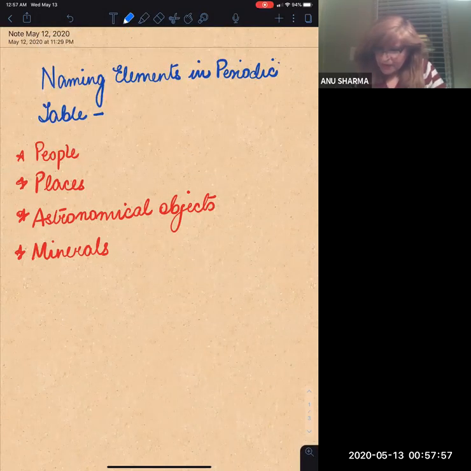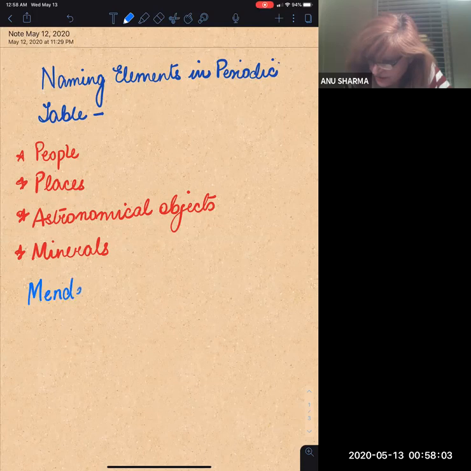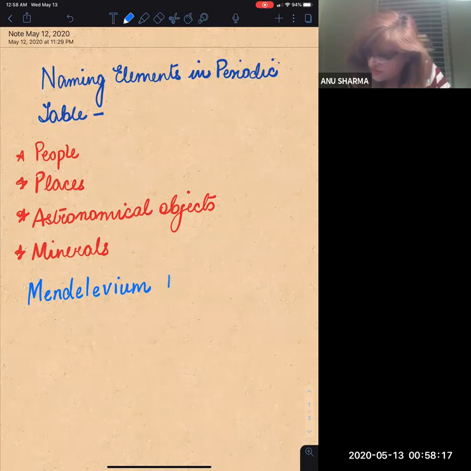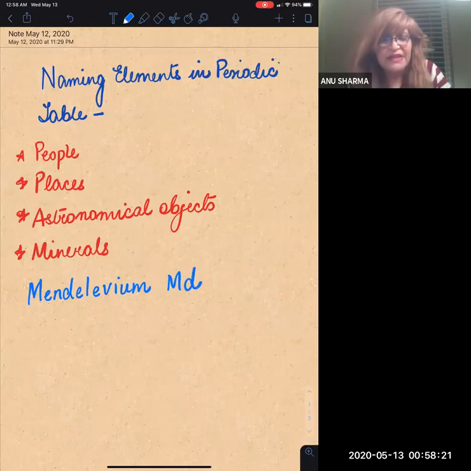We have Mendelevium, the name of Mendeleev, who put the periodic table together for us. The symbol of this element is MD.